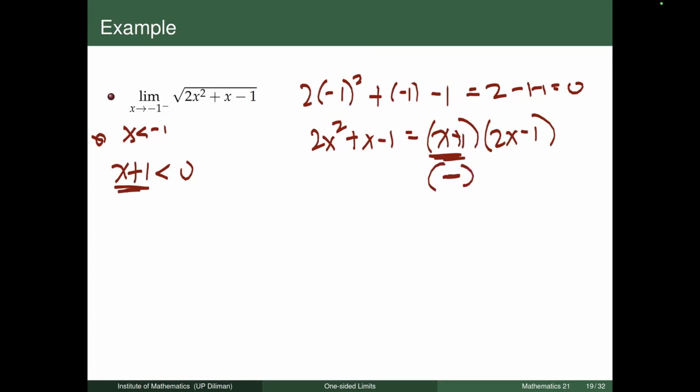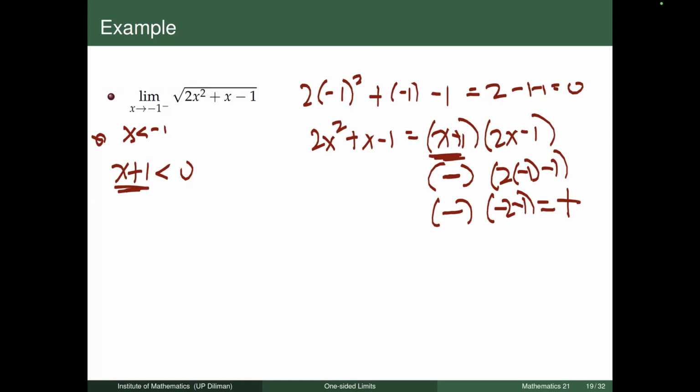Okay? So, tignan natin yung 2x minus 1. So, when x is negative 1, this is simply 2 times negative 1 minus 1. So, this is negative 2 minus 1. Negative 2 minus 1 is negative 3. So, the entire thing is going to positive yung sign niya.